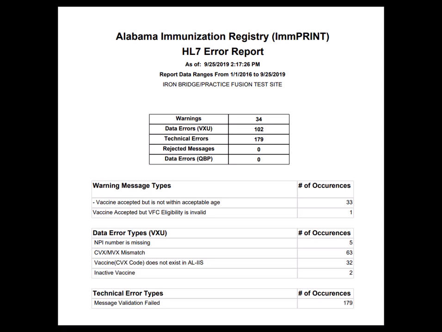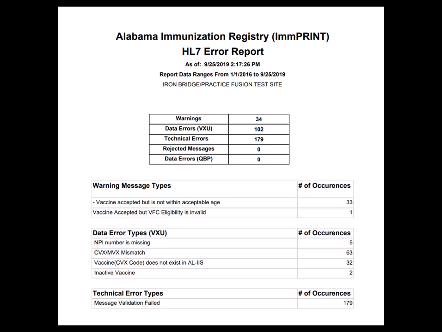It is very important that this report be checked daily. The first page of the report is a summary of the numbers and types of errors that have been received in the date range indicated. We will focus on 2 types of errors: the data errors and the technical errors.